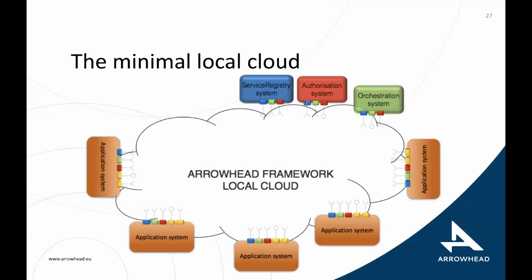This can be run on a Raspberry Pi easily. That size of computer. We don't need a lot of computing power. We don't need a lot of memory. So this is lightweight, clearly lightweight.